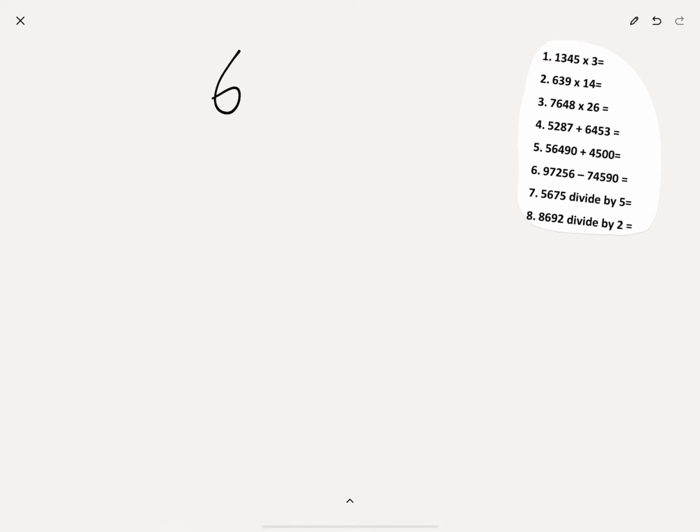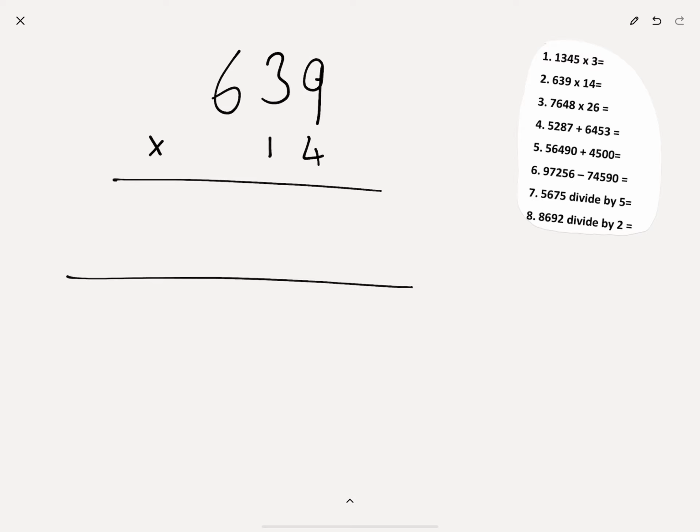So for this one, because I'm multiplying by a two-digit number, I'm going to use the formal method. Okay. So 9 times 4 is 36. 3 times 4, 12. 15, 6 and 4, 24.